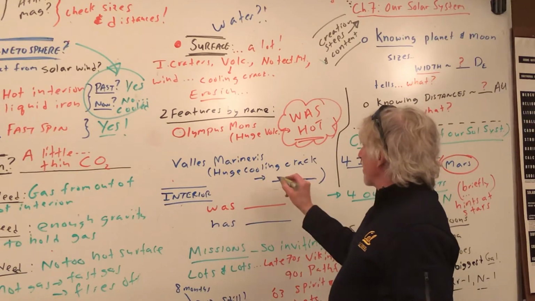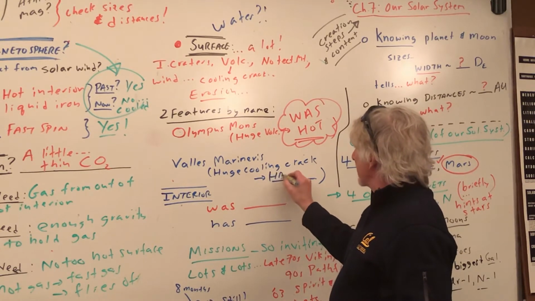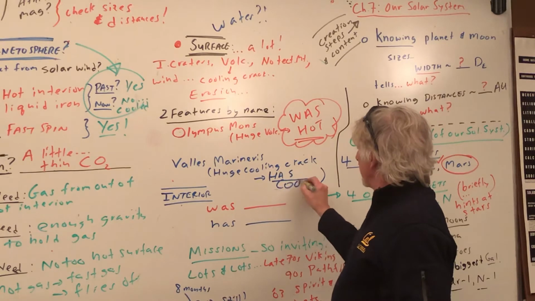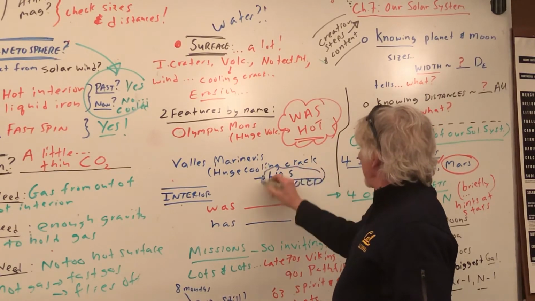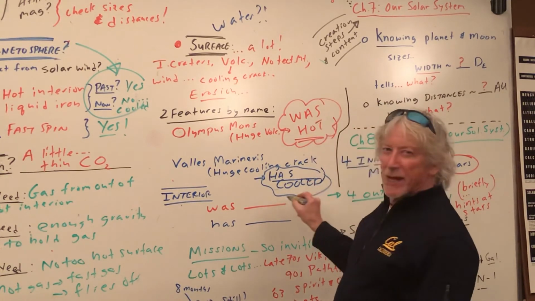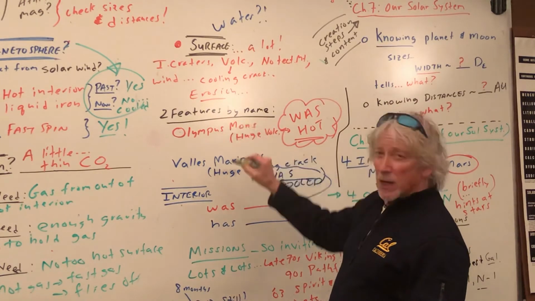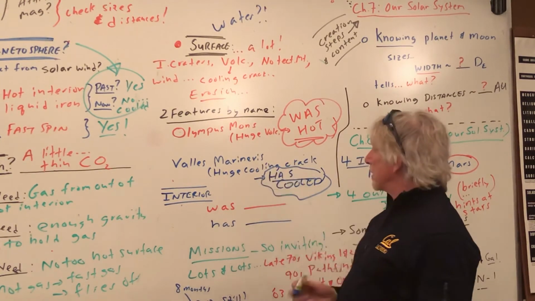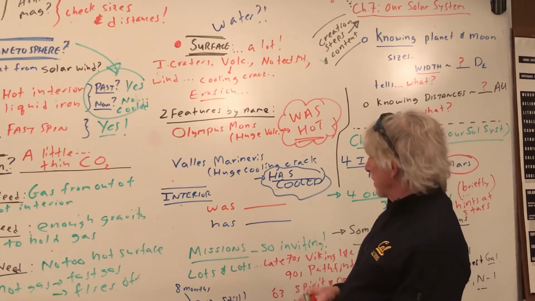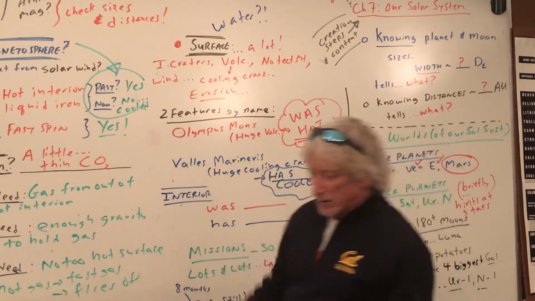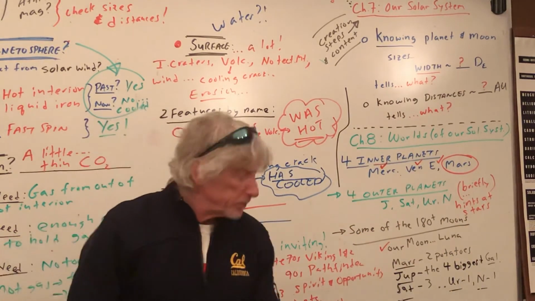It's a huge cooling crack. It has cooled. Half and half. It was hot. It has cooled. Olympus Mons, Valles Marineris. We'll come back to the God of War thing.